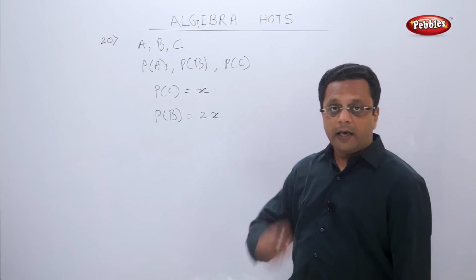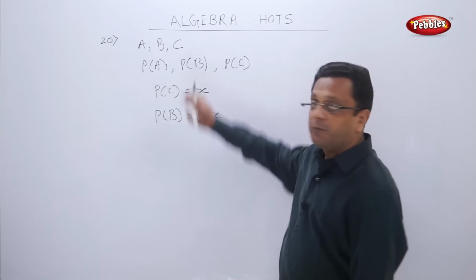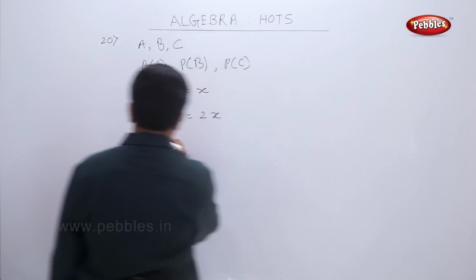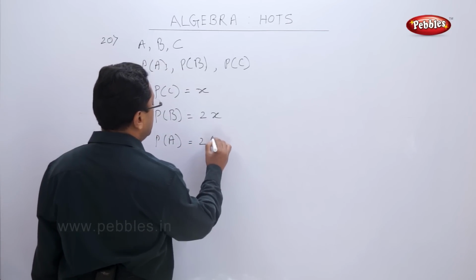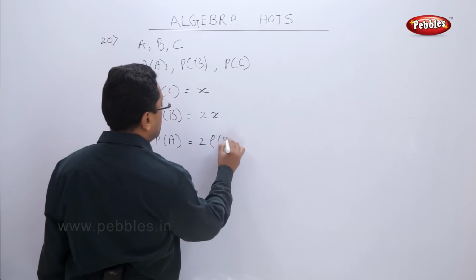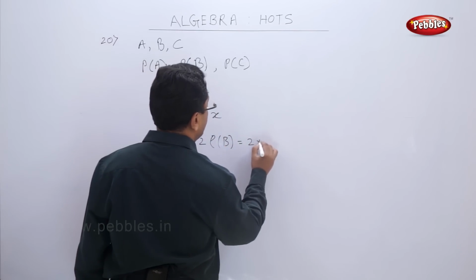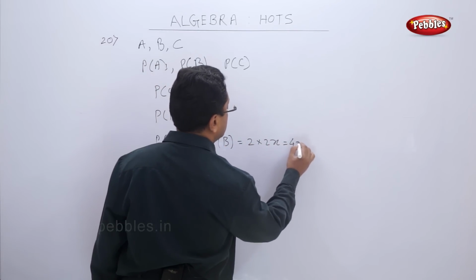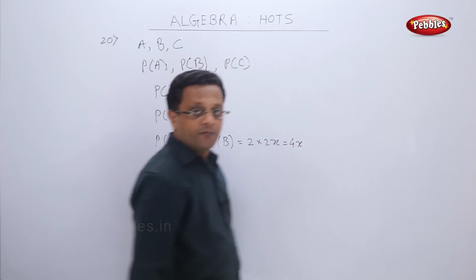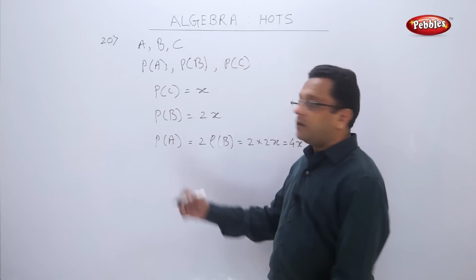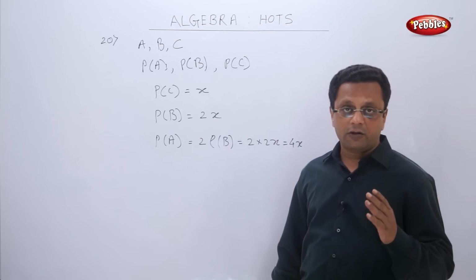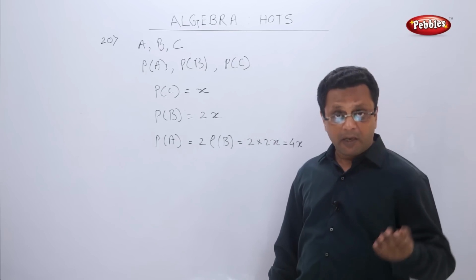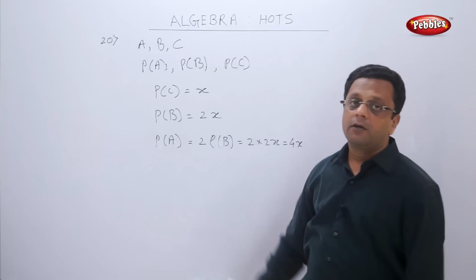Now A is likely to win twice as B. So PA will be equal to twice of PB, that is 2 into 2x, that is 4x. Now combining, as there are only 3 horses, the probability of any horse will be less than 1. But combining all, the probability will be 1.